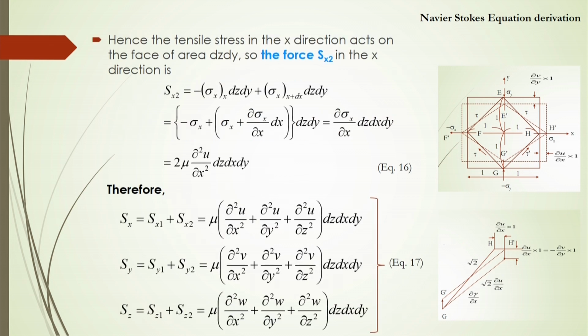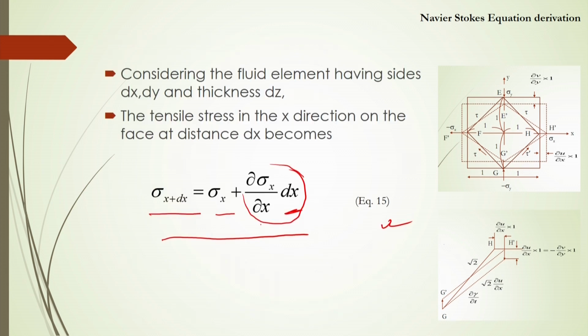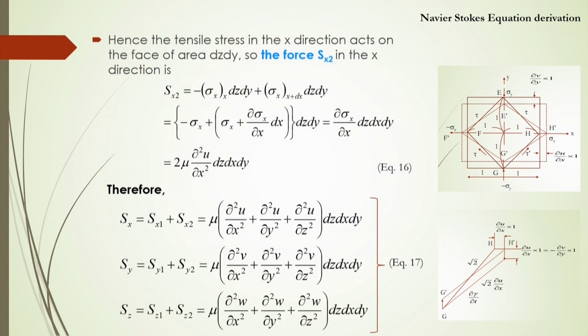Now, after getting the equations for the tensile stress and shear stress, the tensile stress in the x direction acts on the face of area dz dy. So finally we can calculate the force S x 2, that is the tensile stress in the x direction.